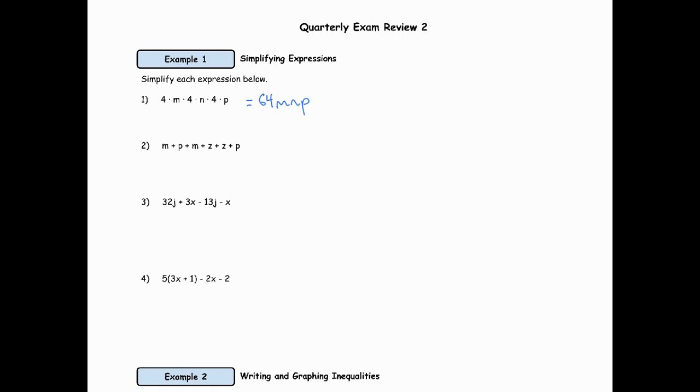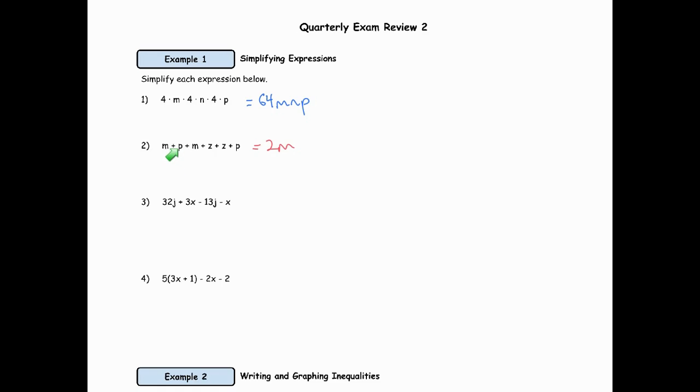In number 2, we have an addition expression here. So what we can do is look for any terms that are similar, that we can combine, like the two m's here. We have m and m, and notice the second m is being added. So even though it's after the p, the only thing that we can add that to is the first m. So m plus m would be 2m.